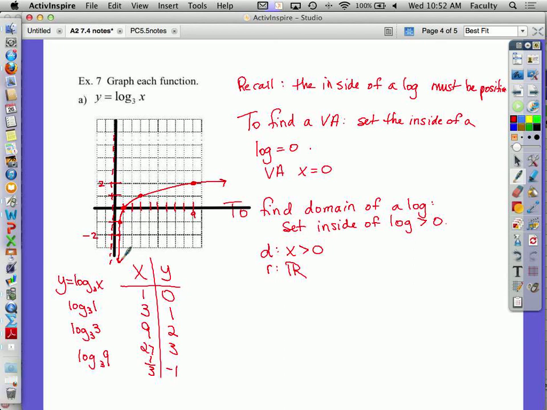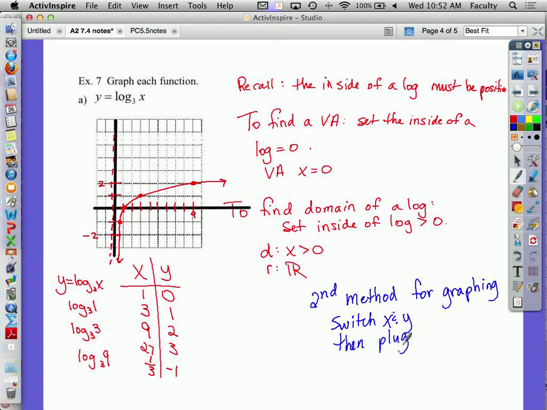The second method for doing this is like the warm-up. Here's a second method for graphing. You could switch x and y, then plug in y values first.